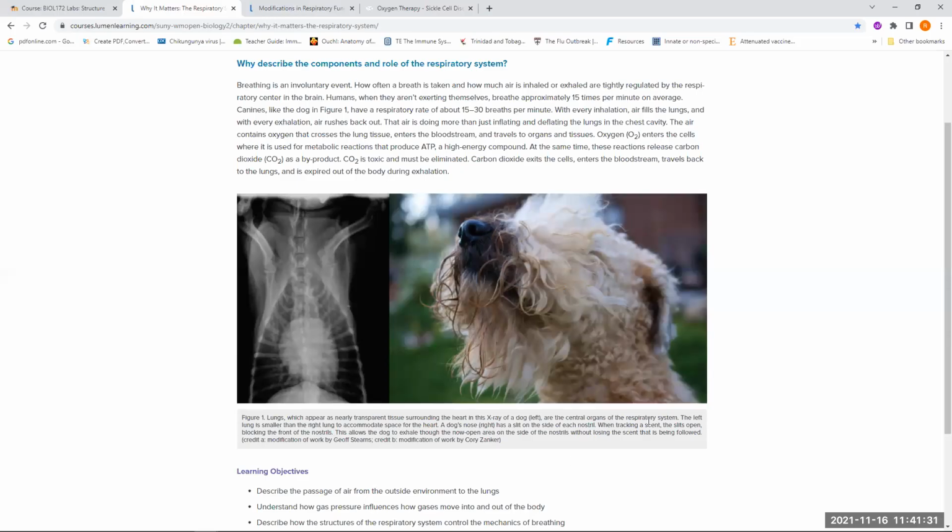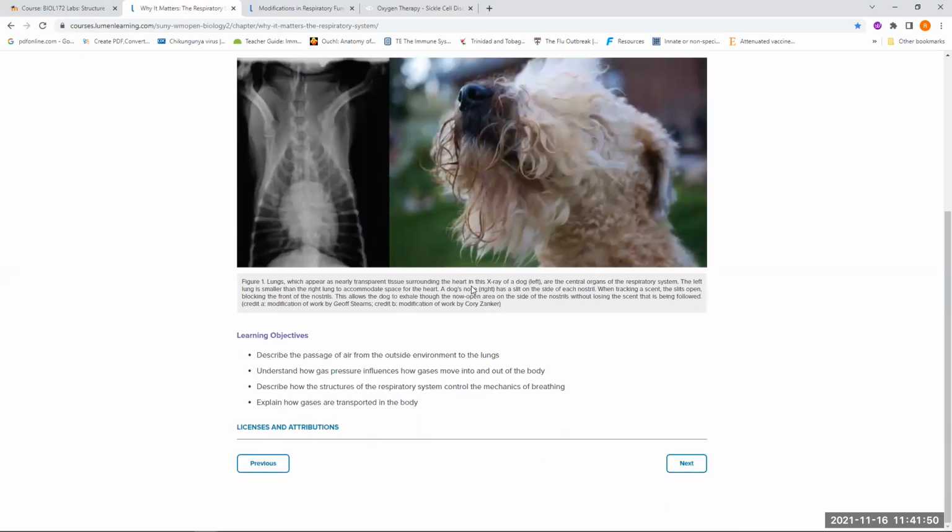So when tracking a scent, the slits open, and they can still detect the scent as they sniff, and they breathe not through the nostril. In other words, you don't have a dilution of the smell they're picking up. I thought that was rather interesting. Maybe not, but let's go.